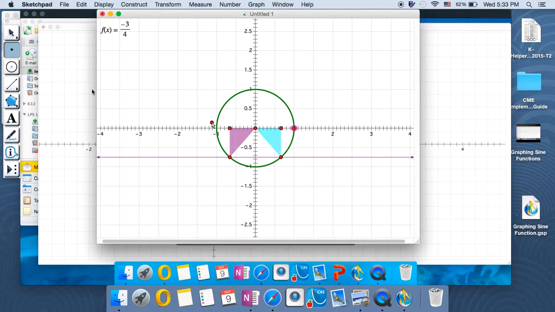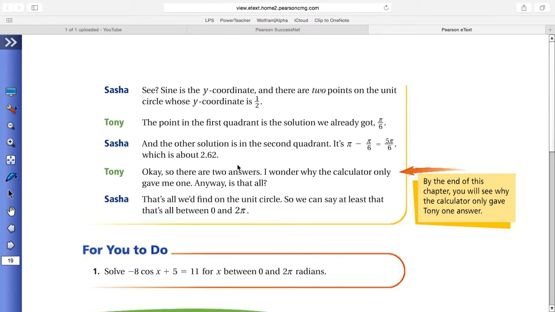But as you see on this graph, there's another answer. So what's the answer, right? This is 225 degrees, and if you go over here, that's 270 degrees plus 45 degrees, right? Which is, in other words, 360 degrees minus 45 degrees. So we're going to do that.